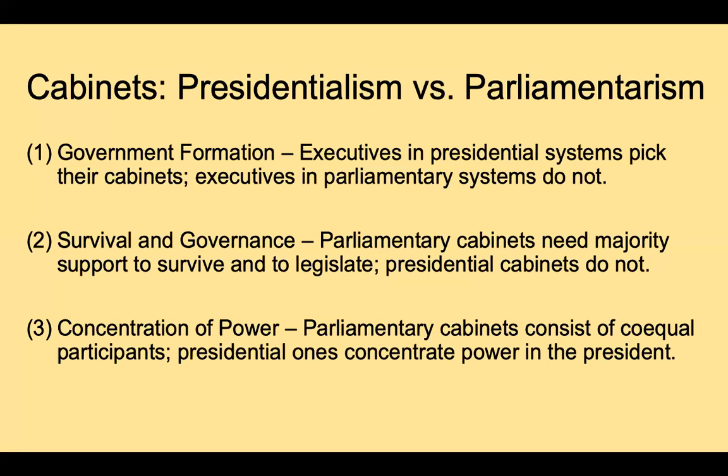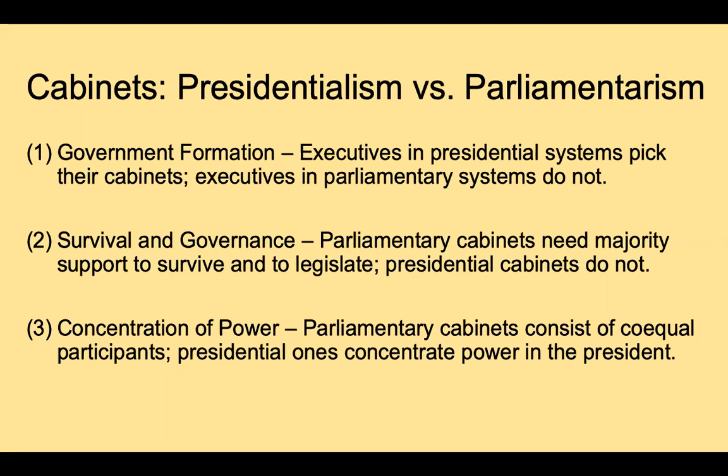Under the parliamentary system, we vote for legislators, and the resulting legislative majority after the election forms the government. They pick the executive for us, the prime minister and the cabinet members. In a presidential system, we vote for both the legislature and the executive, and then the president who wins the presidential election picks the rest of the cabinet.